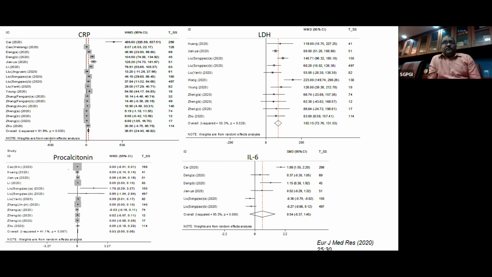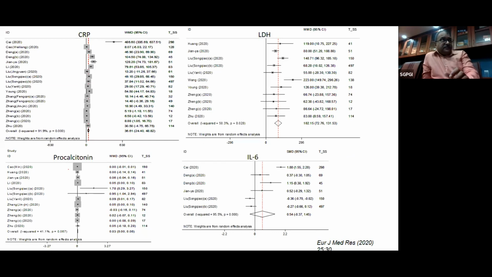I would like to say a few words about lactate dehydrogenase here. Lactate dehydrogenase is a marker of ongoing thrombosis or damage to the cells or organs. So clearly, if lactate dehydrogenase levels are high, then the patients are likely to have severe disease.